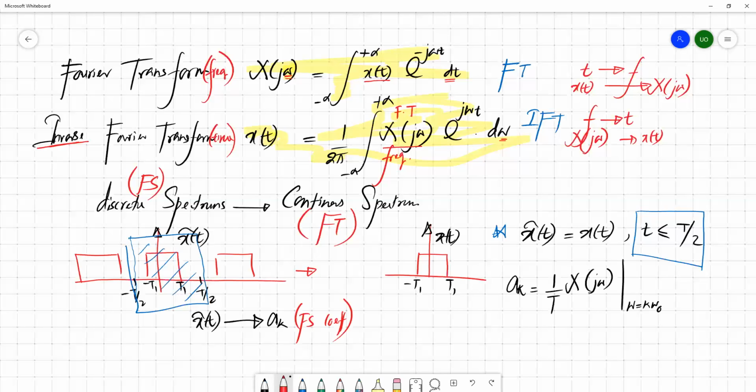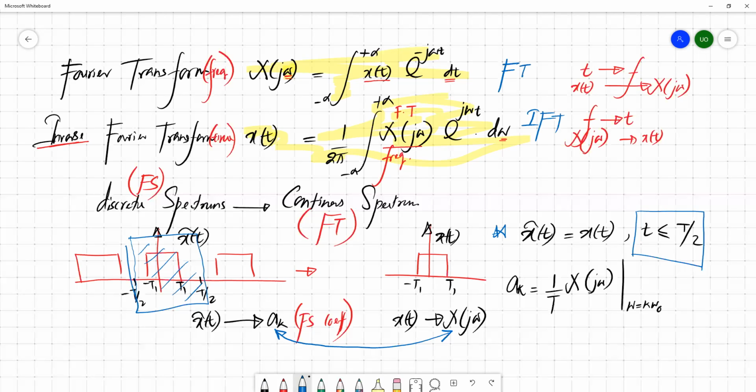And we have this x t, so we can get the Fourier transform X(j omega) for this pulse. Then we can have a relationship between these two quantities. a_k are the Fourier series coefficients of the periodic function, and X(j omega) is the pulse which we get from this periodic function by letting the period be infinite.